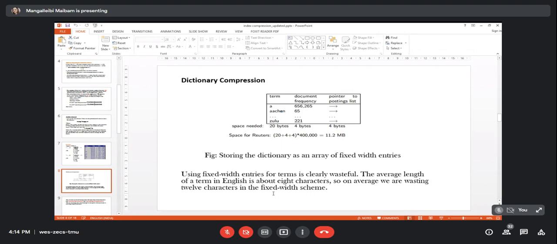How much space is needed has been given in the table here. For a single term we will require 20 bytes, for the frequency 4 bytes, and for the pointer another 4 bytes.